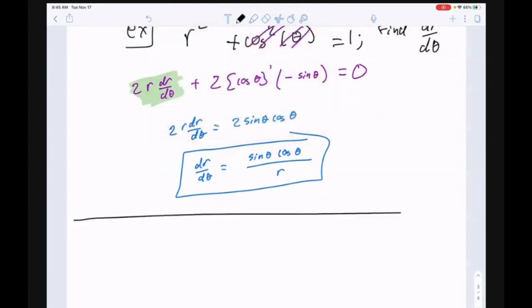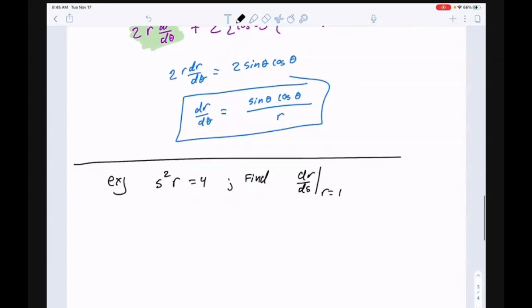And for a final example, s squared r equals 4. Find dr/ds evaluated at r equals 1. This is a product, right? It's going to be a product.